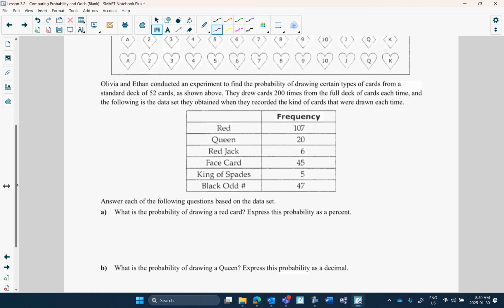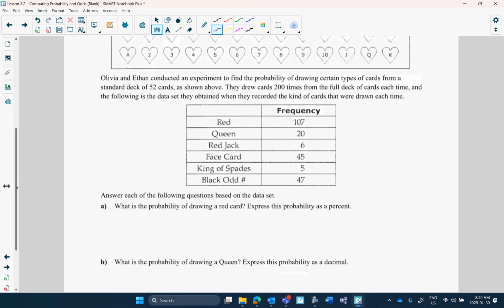So these two did an experiment to find the probability of drawing certain cards from a standard deck of 52, and they did it 200 times. When they randomly drew 200 cards, they got red 107 times.